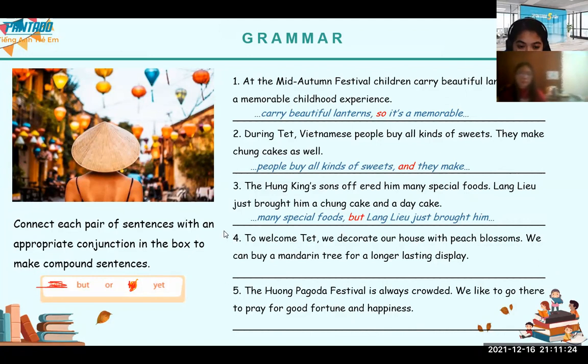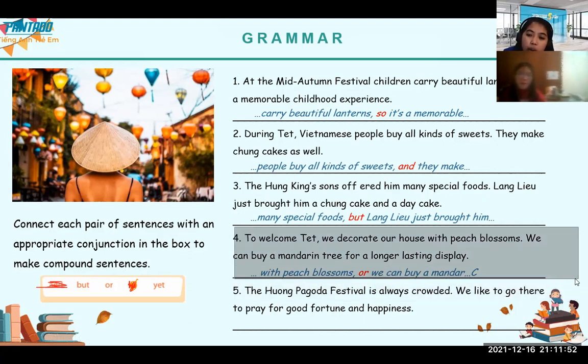So what's your answer for this one? My answer is or. Okay, let's check. Wow, very good, Ngok. To welcome Tet, we decorate our house with peach blossoms, or we can buy a mandarin tree for a longer lasting display. So this is or.